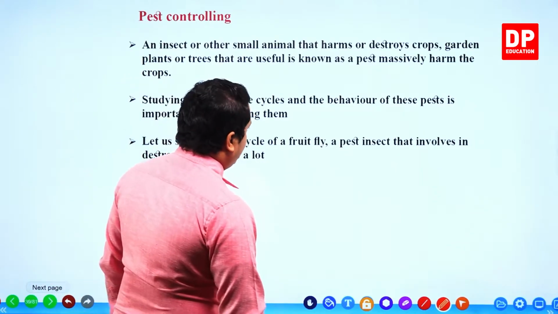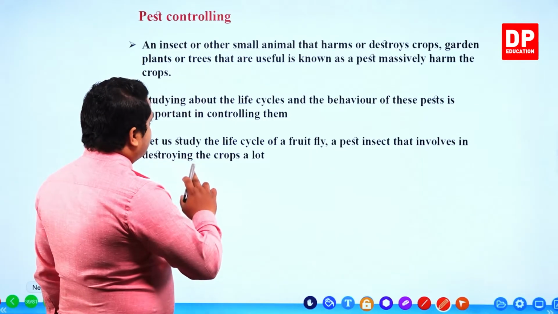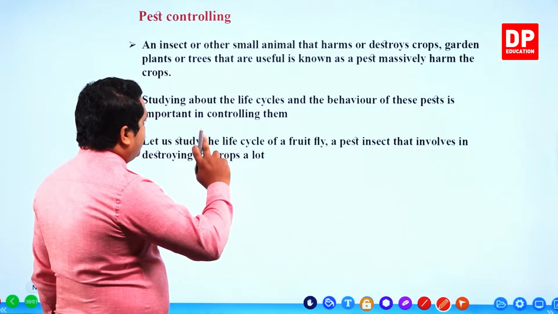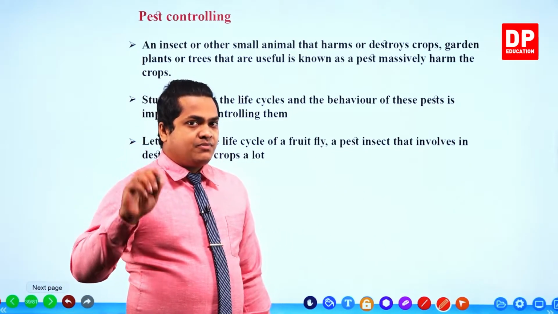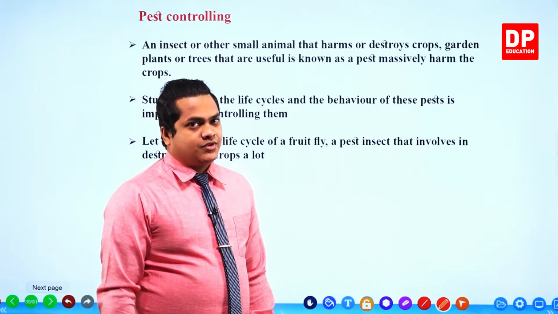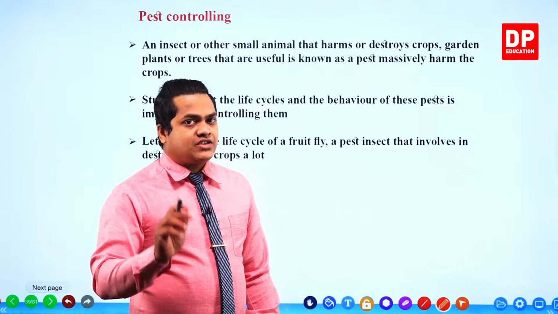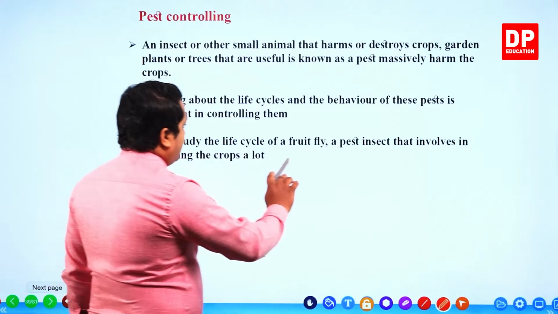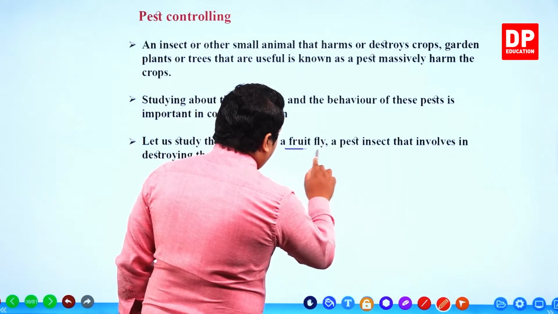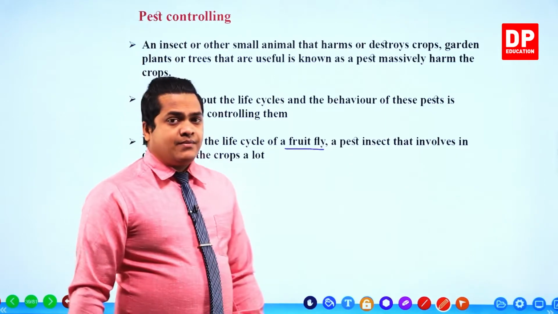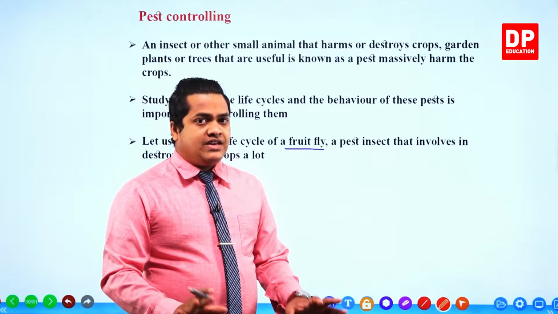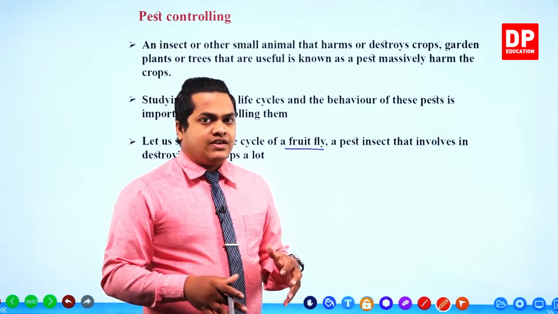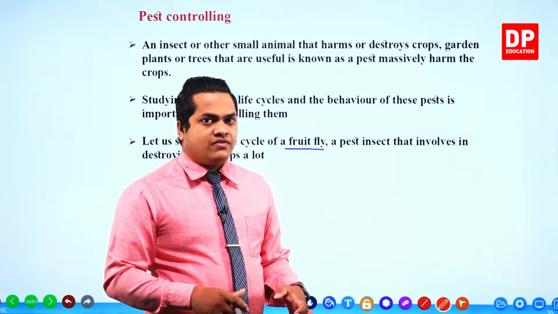Before that, studying the life cycles and the behavior of these pests is important in controlling them. I have explained why it is important. Now we are going to study such a pest: the life cycle of a fruit fly. We studied the life cycle of a fruit fly, not in detail, but I mentioned it several times. The fruit fly is an organism that undergoes incomplete metamorphosis and so on.